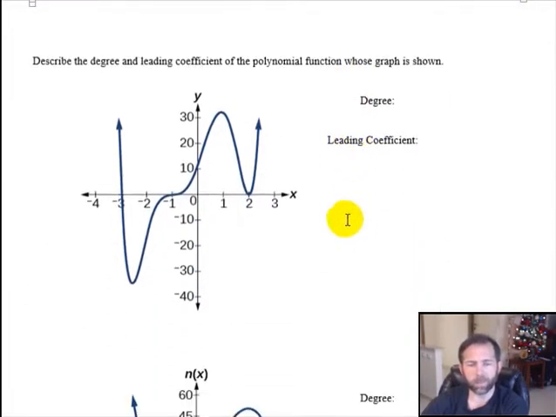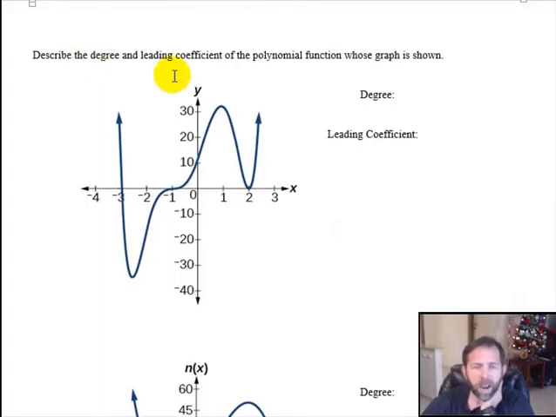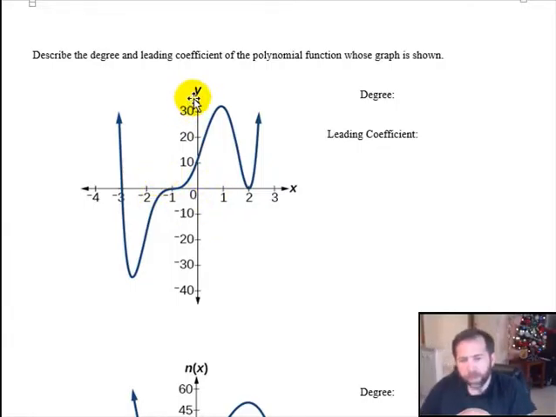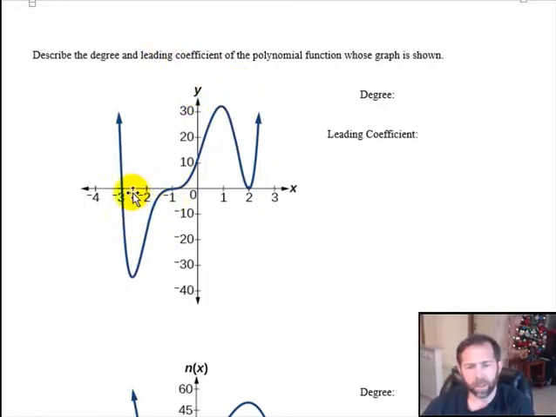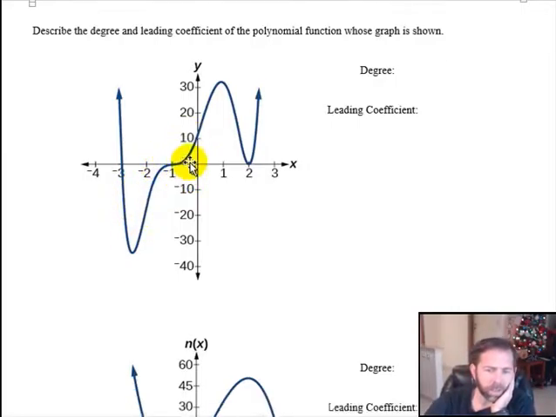An example would be to describe the degree and the leading coefficient just from the graph. For the degree, we can count the turning points. We can also count the number of x-intercepts. Maybe I should have done this one second, so I'll come back to it.